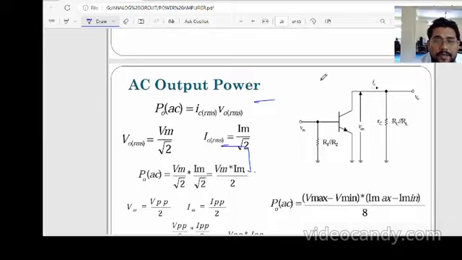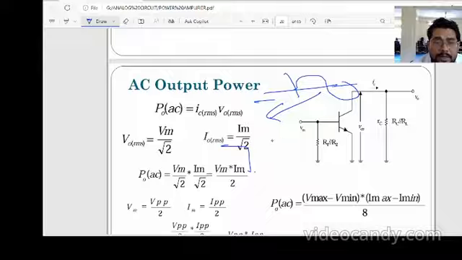If the signal is sinusoidal, and we provide a sinusoidal signal like this, we calculate the RMS value for input or current. The RMS value is the maximum value VM divided by root 2.